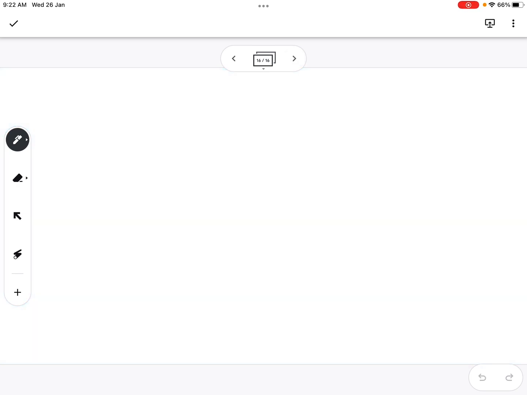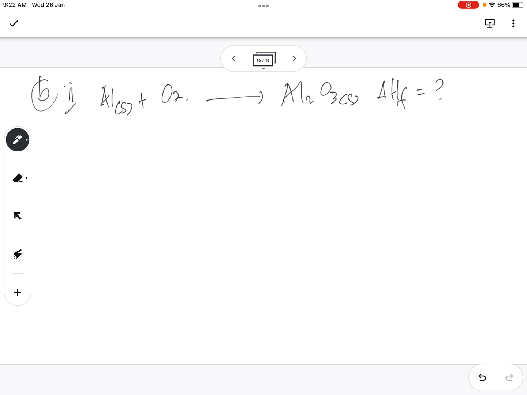Now B2. Determine the enthalpy of formation of aluminium oxide and write its thermochemical equation. I prefer to write the thermochemical equation first. We are looking for the enthalpy of formation. Aluminium oxide is an ionic compound, solid, and its elements are aluminium solid and oxygen gas.